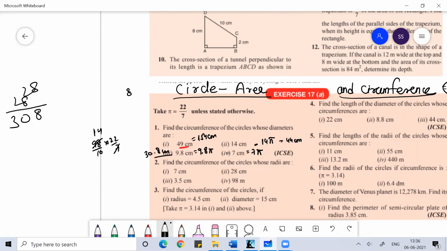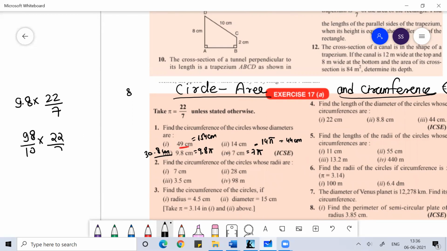The diameter is 9.8, so 9.8 into 22 by 7, which is 98 by 10 into 22 by 7.